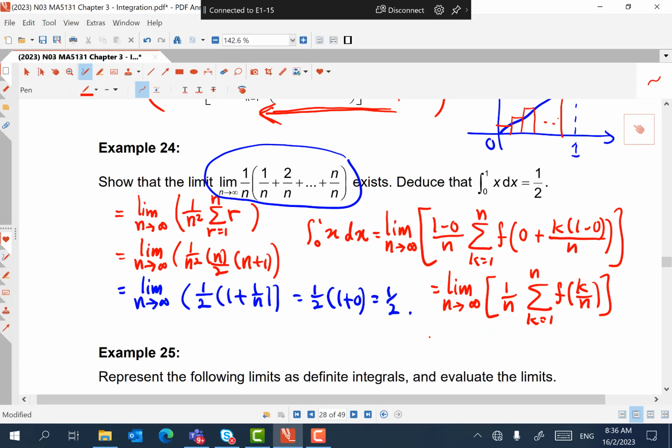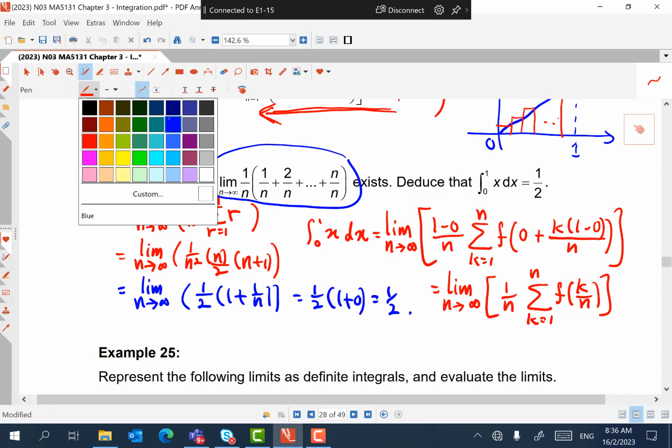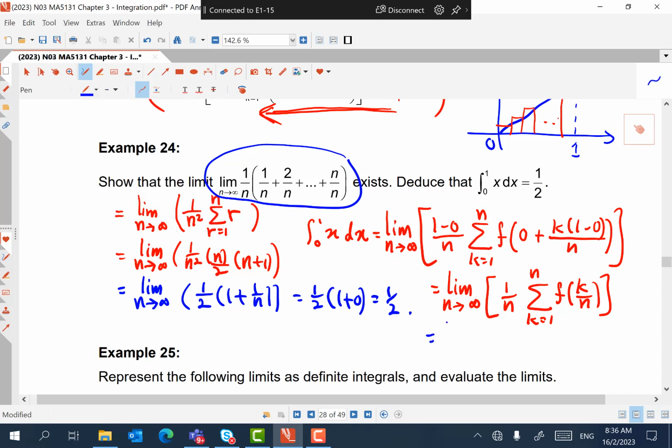Because the function is just y equals x, the value of f of k/n is just k/n. So it becomes summation of just k/n. And it's exactly that thinking.